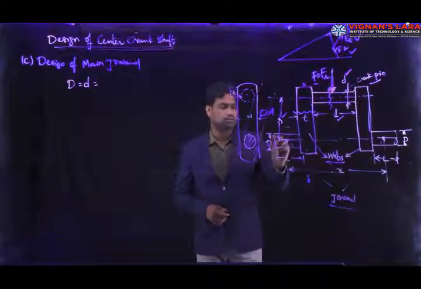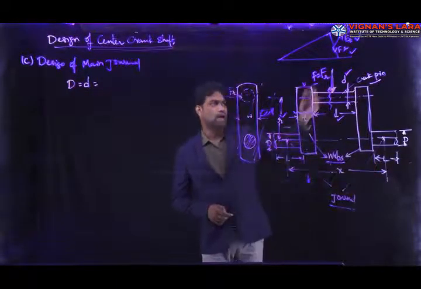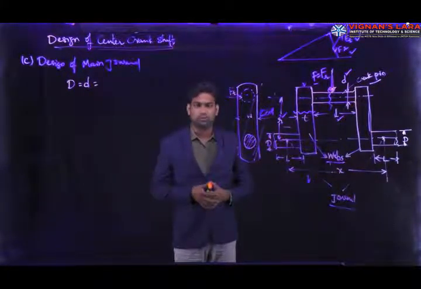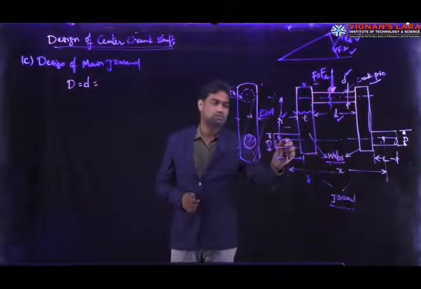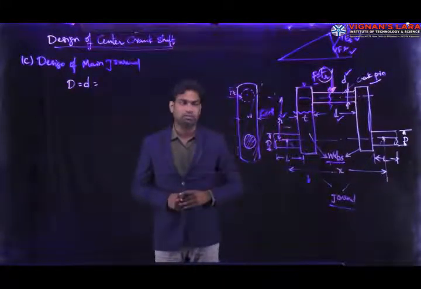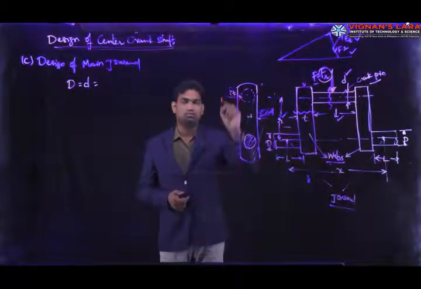The supports are at the main journal, so due to the load Fr acting on the crank pin, the bending moment at the supports of the beam is going to be 0. So there is no bending moment or bending stress caused by the radial load Fr acting on the crank pin. Clear? As well as, there is no bending due to the tangential force.